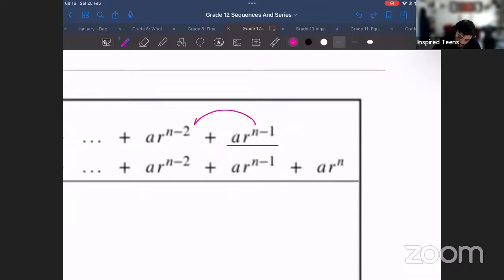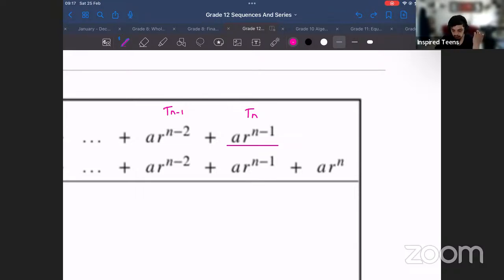Now, how do we get the previous one? It's n minus 2, because it's one term before. The last term we call Tn, and this is Tn minus 1. Why? Because if this was the 50th term, this would be the 49th term. It could work for any pattern, regardless.